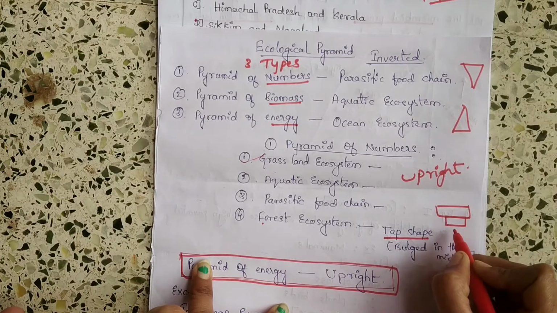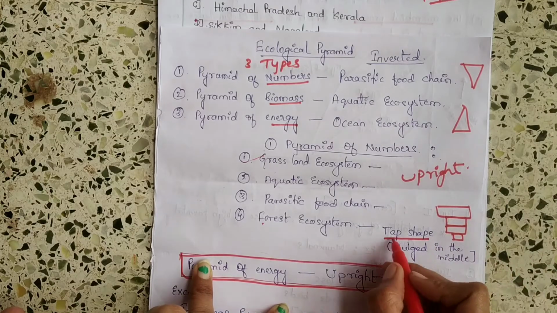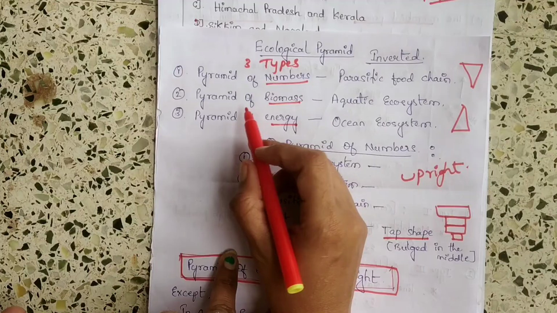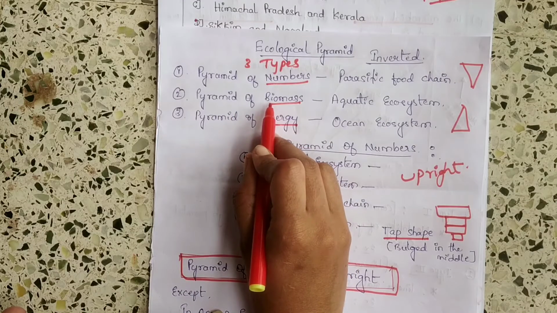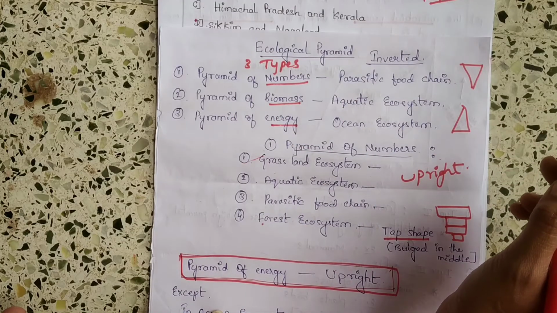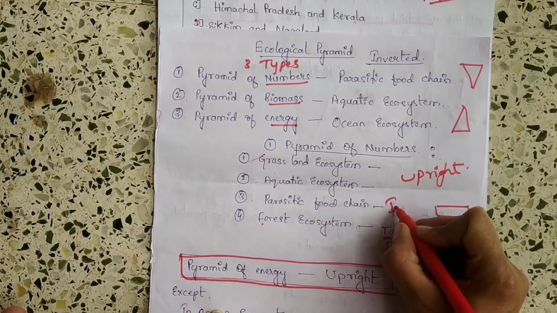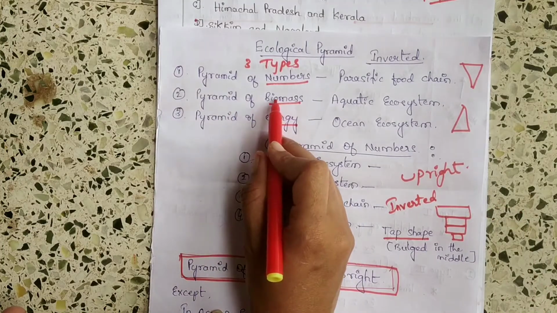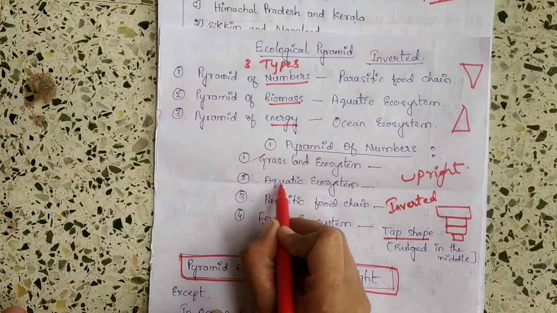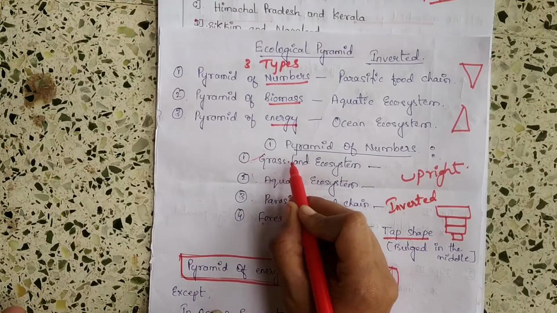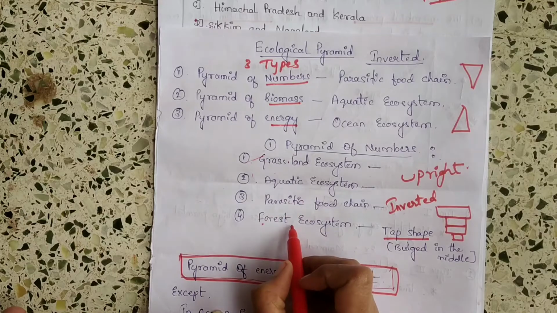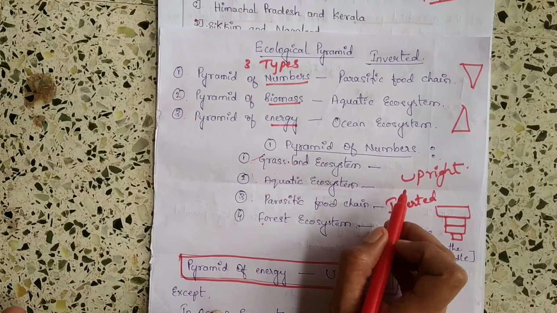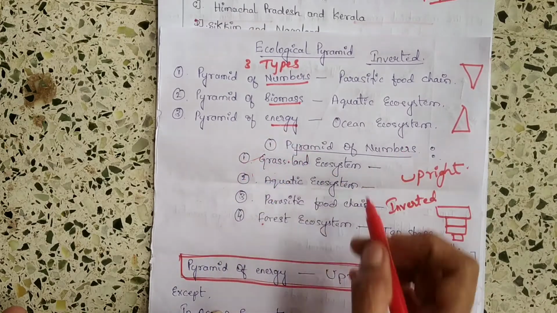And coming to the pyramid of biomass, here it is inverted. Except this aquatic ecosystem, the grassland ecosystem, parasitic food chain, and forest ecosystem are upright. Pyramid of energy, ocean ecosystem is inverted.